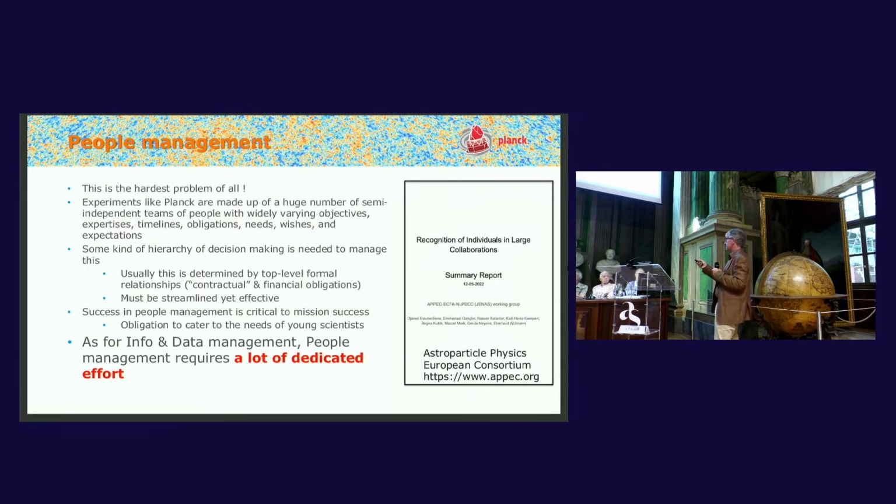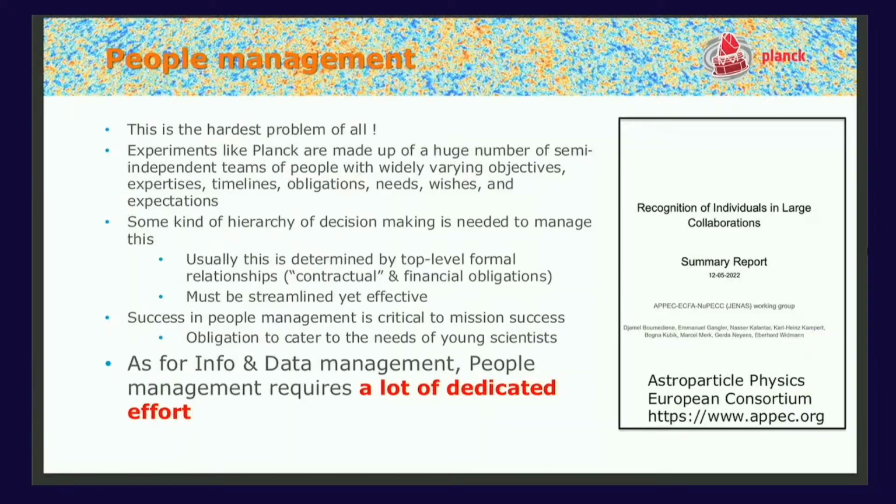And as my last slide, Paolo, I talked a bit about data and information management, but people management is the hardest problem of all. We have these large collaborations now, and they consist of a whole lot of people with different everything, basically, right? Expertises, timelines, obligations, needs, wishes, and expectations.